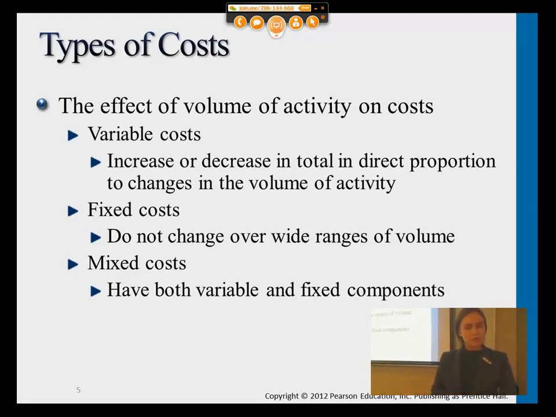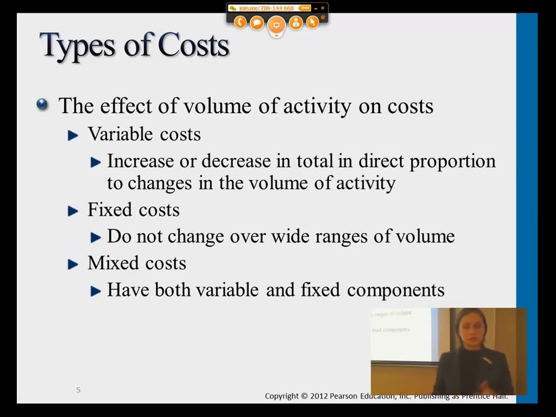Okay? So variable costs is one of the portions of our cost. We've talked about them. What is variable cost? Why is it called variable? Because the cost changes, right? And that change depends on your production volume.